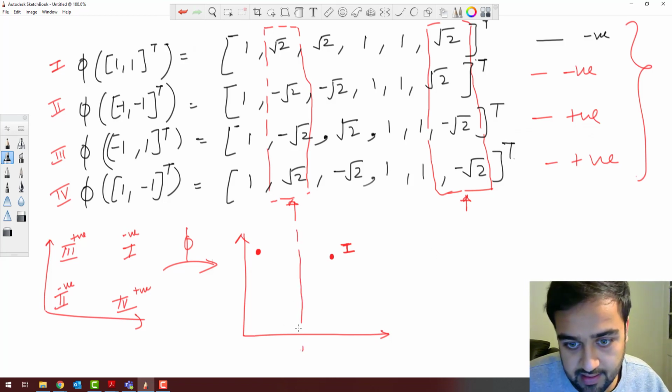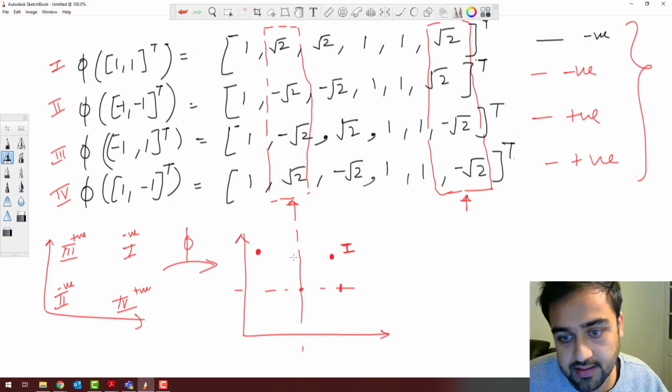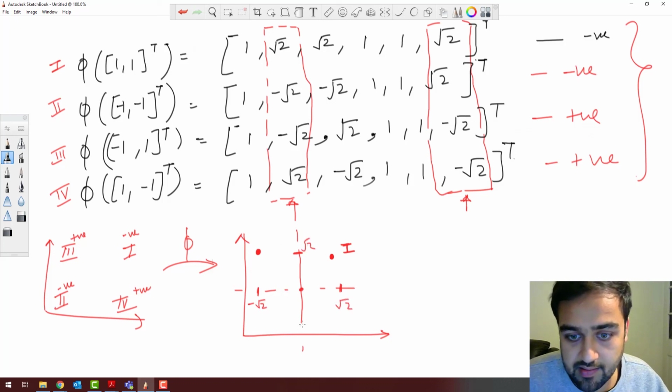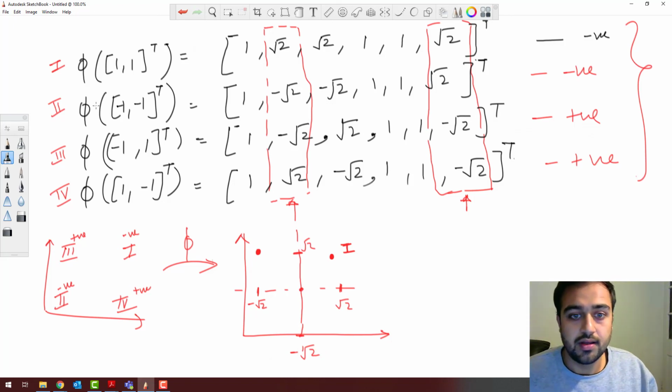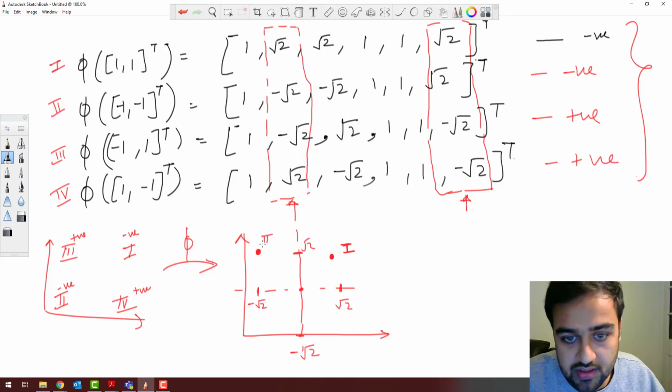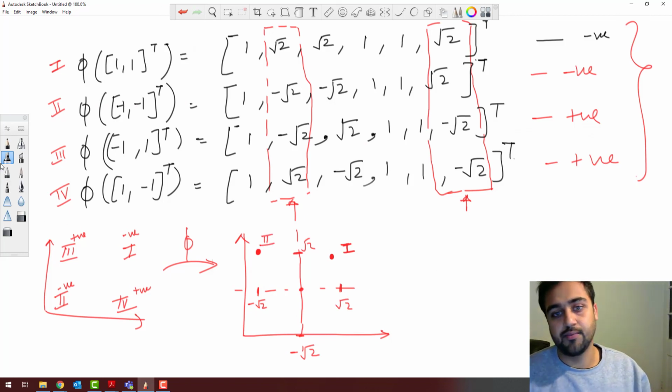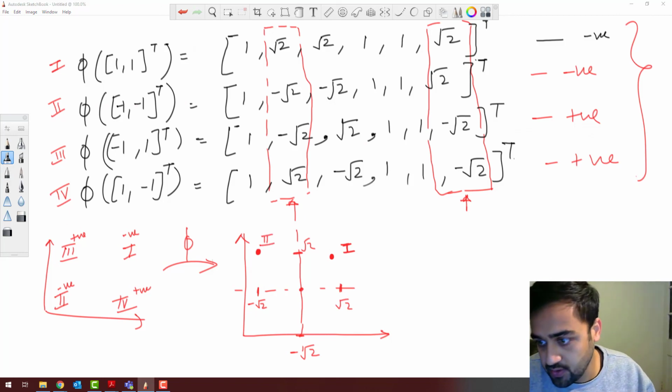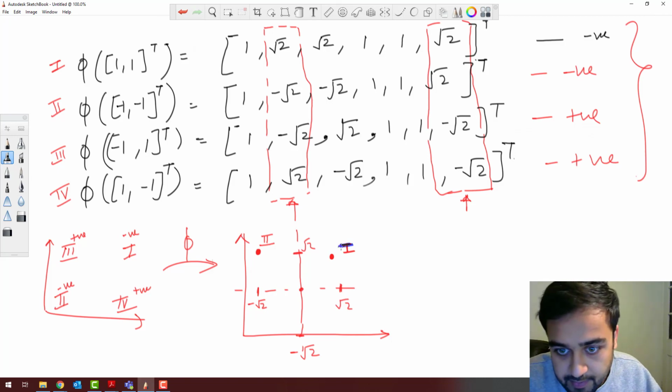So let's take our origin here. This is root 2, this is root 2, this is minus root 2, and this is again minus root 2. So our second point is minus root 2 comma root 2. I'll just mark these in blue so that it's visible.